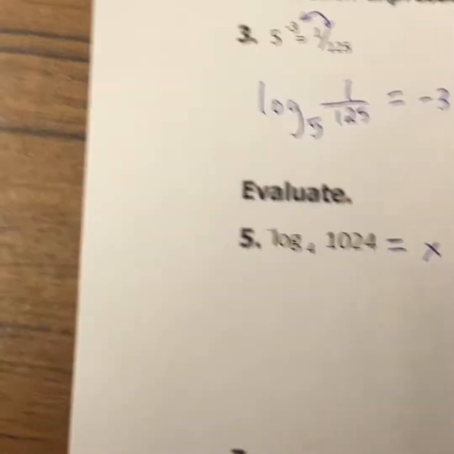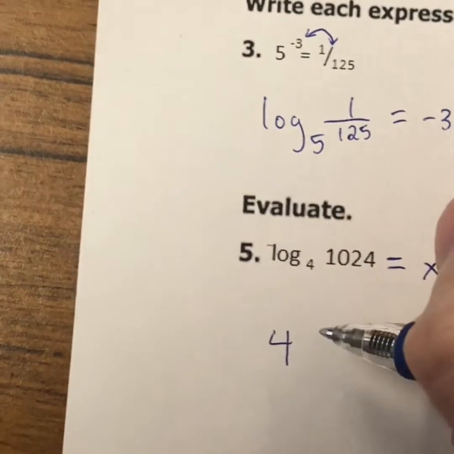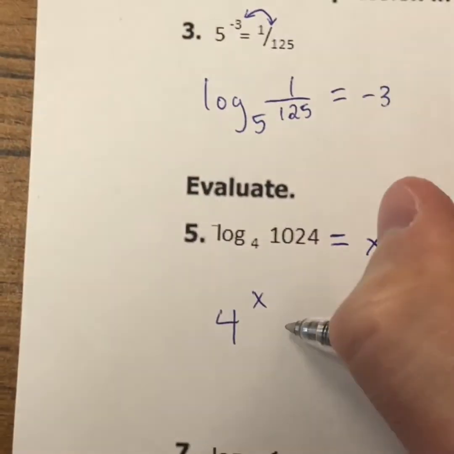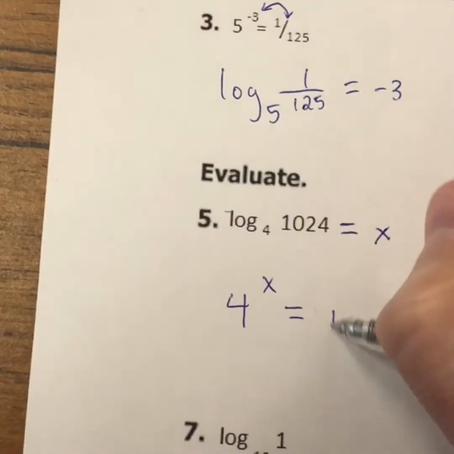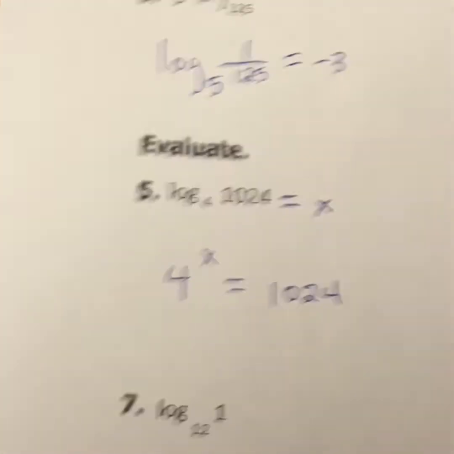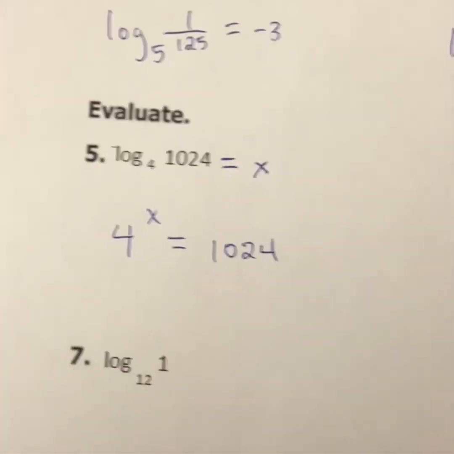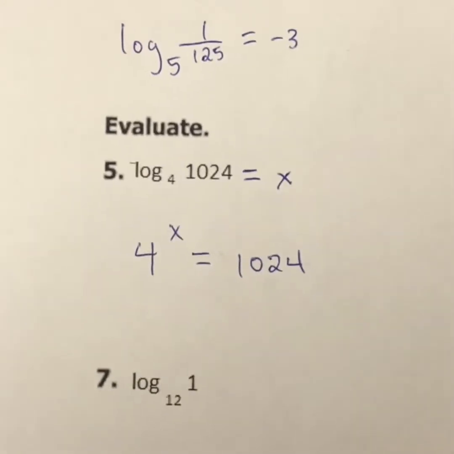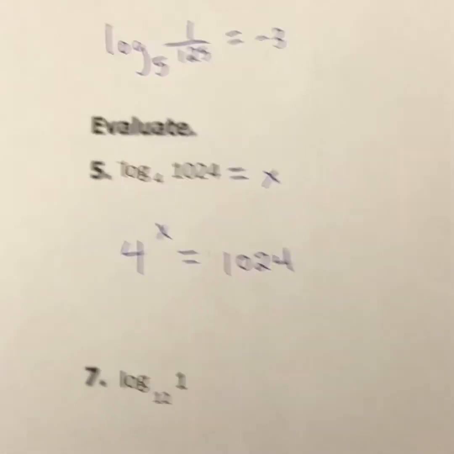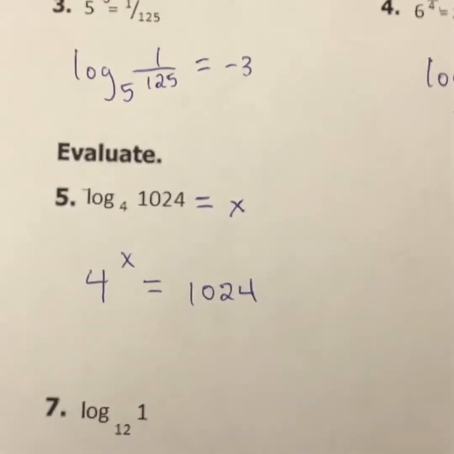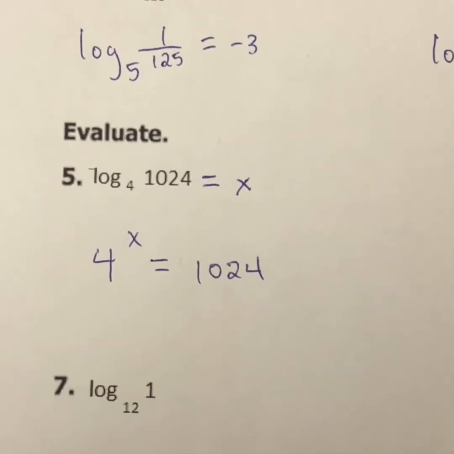So we're going to start with that base, 4 raised to the x equals 1024. So now we have to think, 4 to what exponent equals 1024? This is when a calculator could come in handy. You can even use a phone calculator, start multiplying 4 and see how many times you do that until you get to 1024.